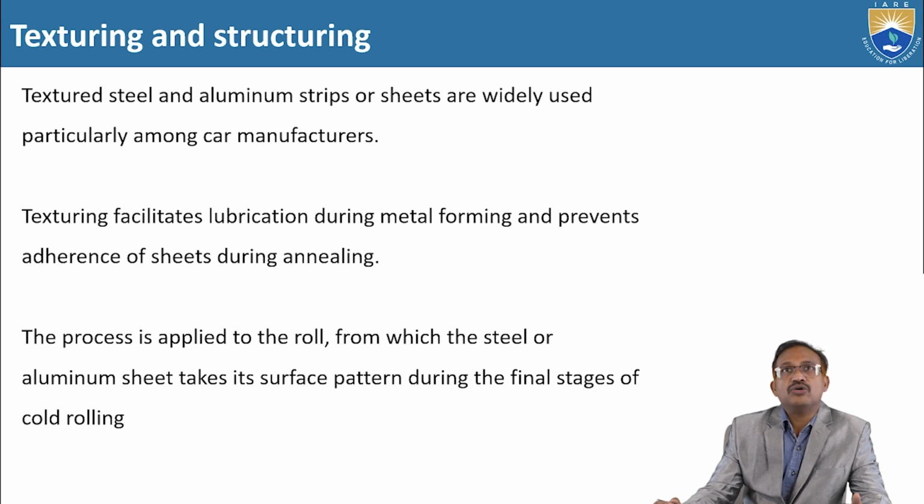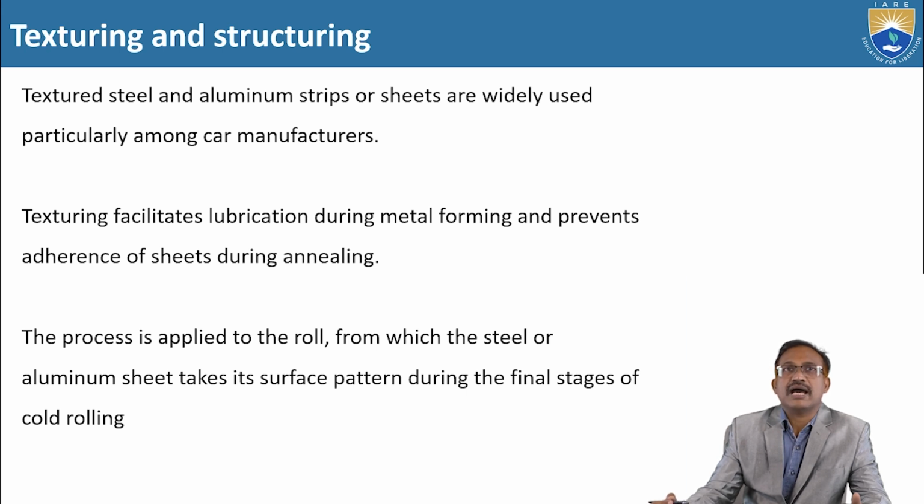Textured steel and aluminum strips or sheets are widely used, particularly among car manufacturers. Texturing facilitates lubrication during metal forming and prevents adherence of sheets during annealing. Usually during metal processing or annealing operations, the sheets come in contact and permanently try to stick to each other.